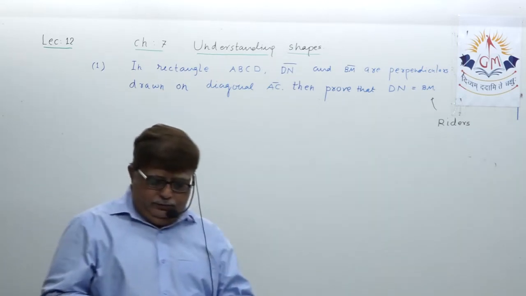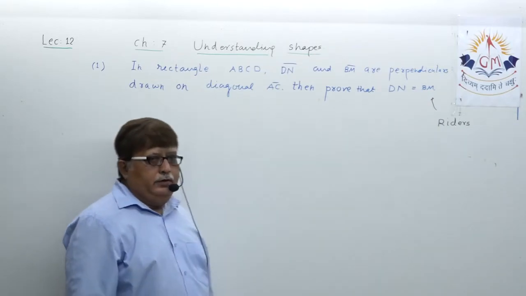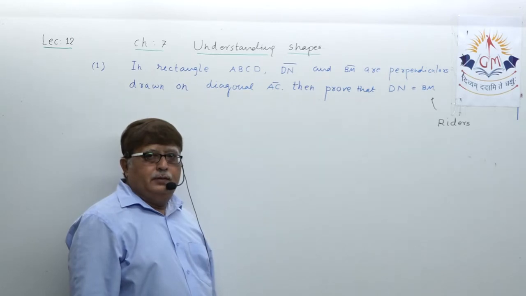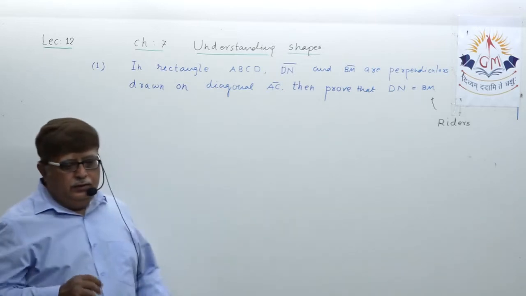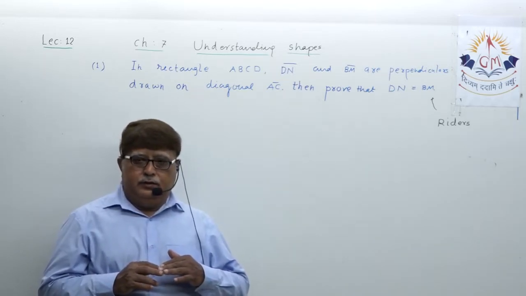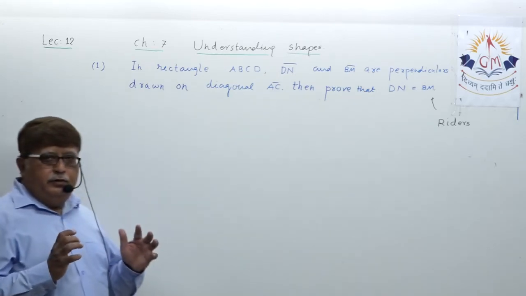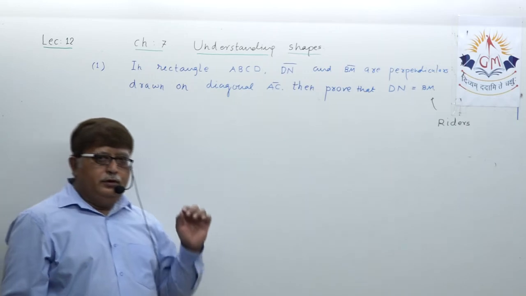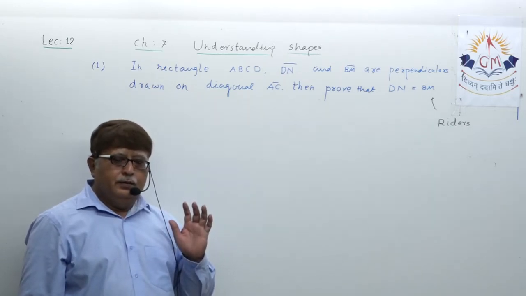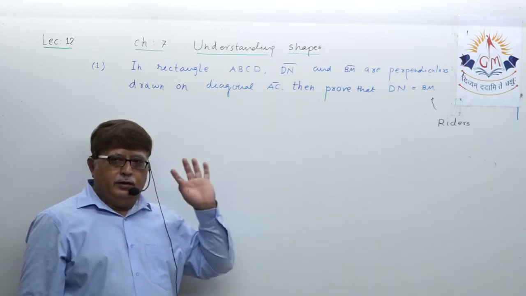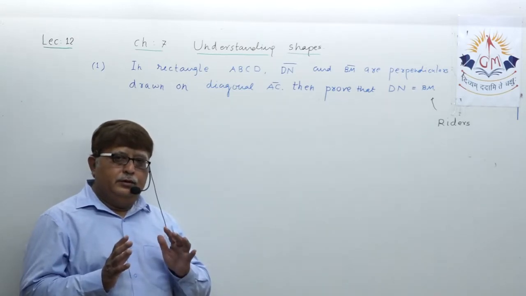First, dear student, understand the given data, because whenever you want to prove any geometric example or rider, first what is important for you is to understand the given data. From the given data, what is your first duty?